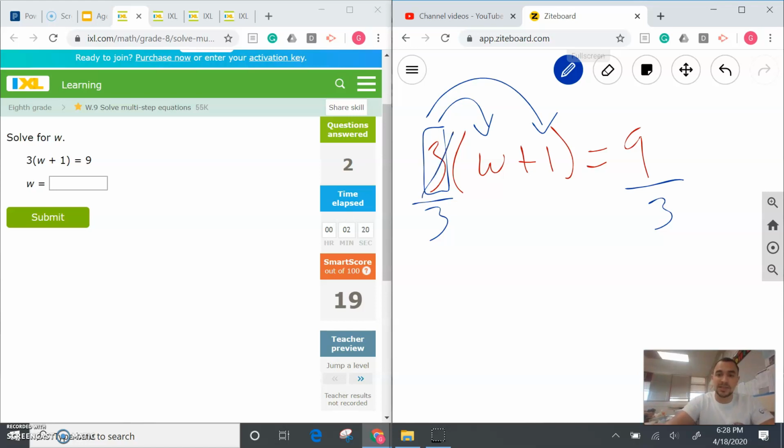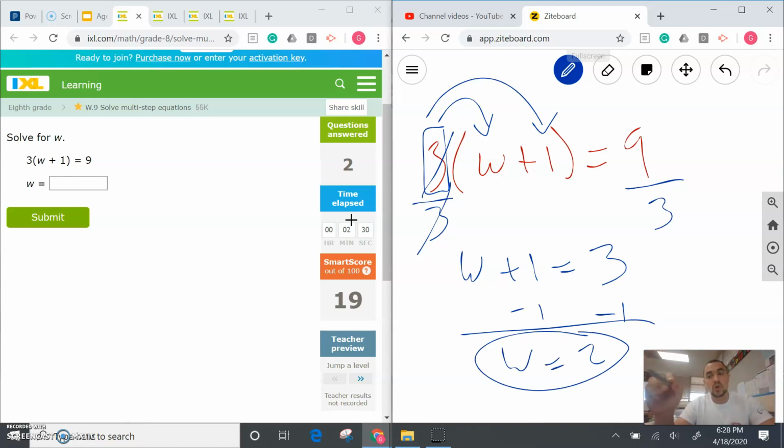Now dividing is going to be a lot easier because that's going to just give you w plus 1 equals 3. Well, then you minus 1 on both sides and you get w equals 2. Now you can only divide if this number and this number can both be divided because this is multiply, right? So opposite of multiply is divide by 3. So then you do that same thing on the other side.